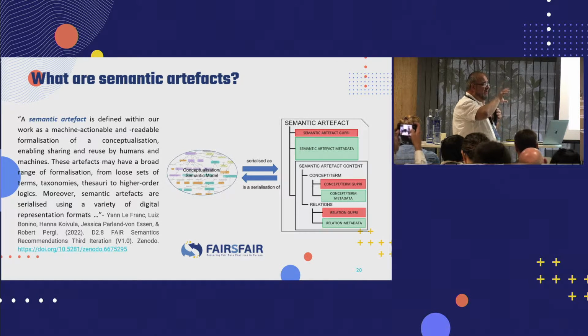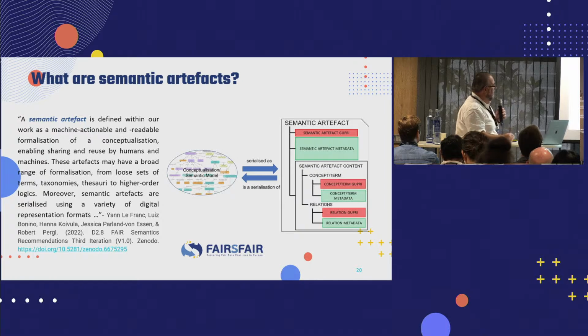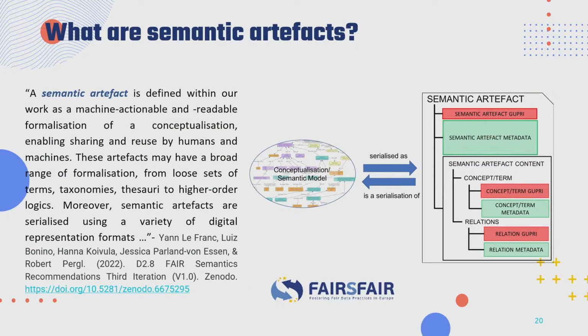So we tried to extract ourselves from this debate, and we created the semantic artifact, which is defined very precisely: the machine-actionable and readable formalization of a conceptualization, which enables sharing and reuse by humans and machines. These artifacts may have a broad range of formalization, from very simple semantics, like a code list, to formal ontologies. And they have different serialization formats, and that's what I'm going to talk about now.